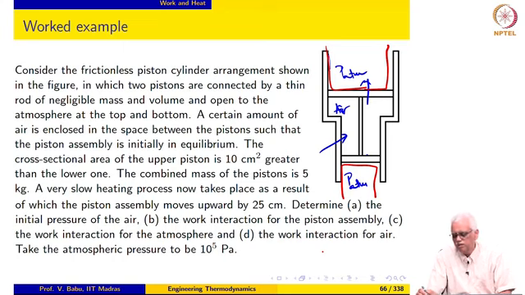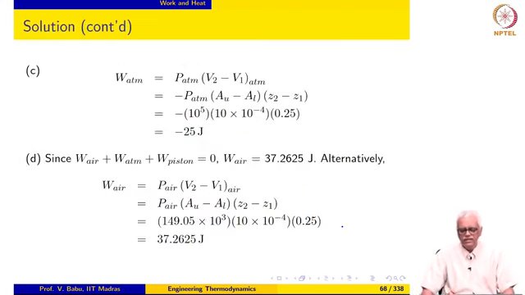Since the piston moves up, the volume change is negative in this part, and in this part the volume change is positive. The change in volume in the upper part is P atmosphere AU times change in elevation, and the change in volume in the lower part is AL times this.